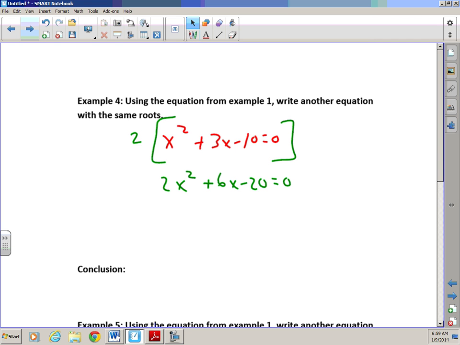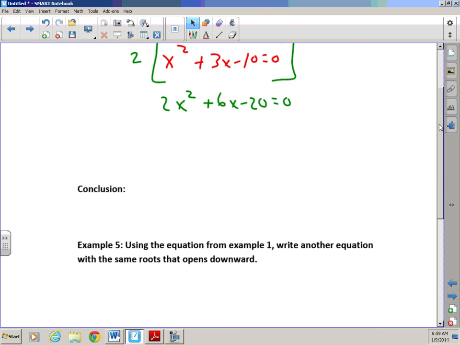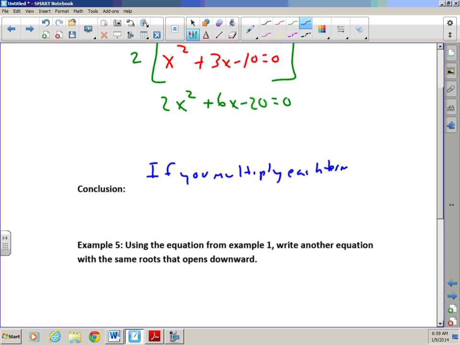And these two equations, the one in green and the one in red, are the same equation. In other words, they have the same root. So my conclusion, if you multiply each term by a constant, and remember, it's set equal to 0, so that doesn't change. The roots are the same.